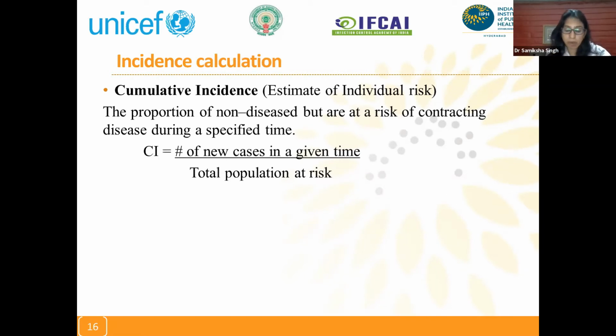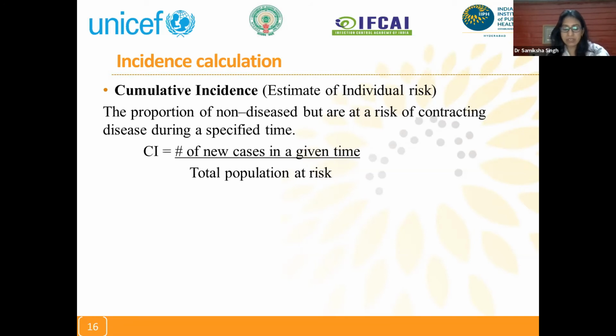So what we commonly calculate as incidence is the numerator, the number of new cases in a given period of time. For example, in your SNCU, if you monitor and keep record of new cases of sepsis or anybody going into respiratory distress for 1 week's time and every new case is counted, then the total population at risk for sepsis would be all newborn admissions during that period of time who do not have the sepsis beforehand.